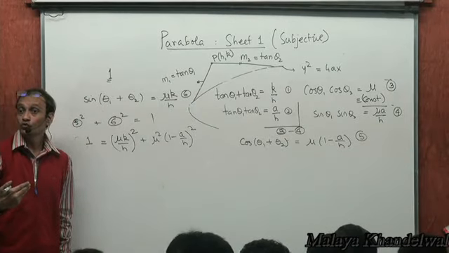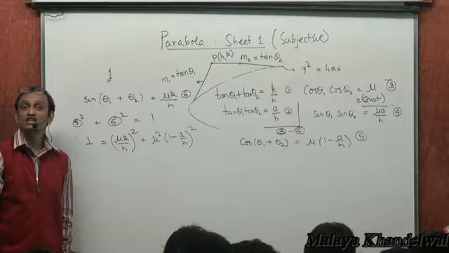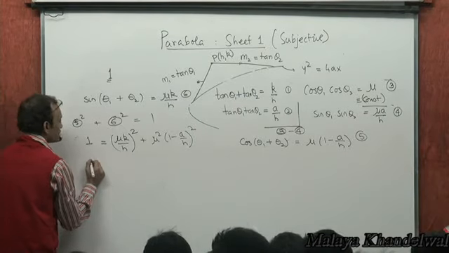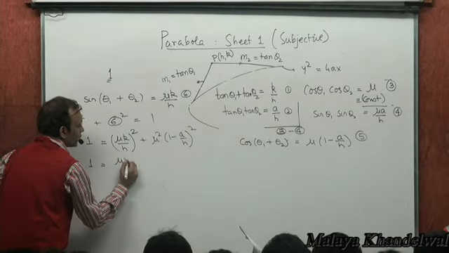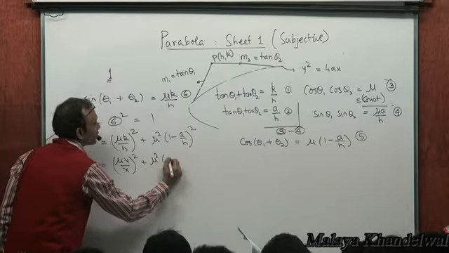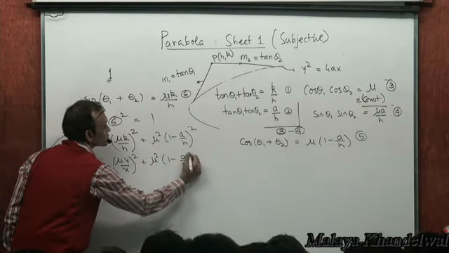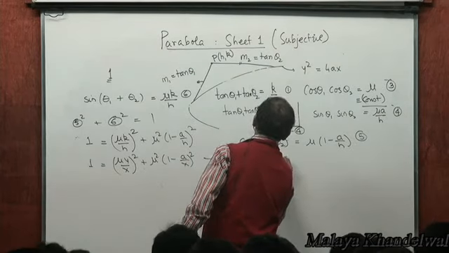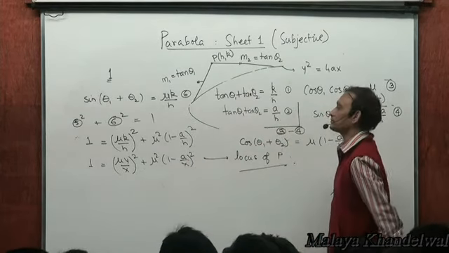And then you generalize, replace h by x and k by y. So you get 1 equals mu y by x whole squared plus mu squared into 1 minus a by x whole squared. That's the locus of P.